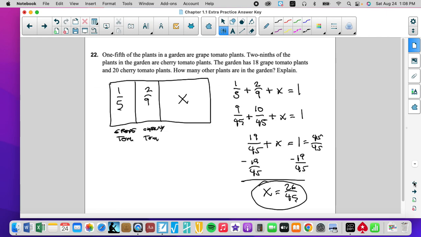So how do I do that? Let me think about this problem, right? That's of the plants, of the plants, of the plants equals the total number of plants. Where did I make my mistakes?